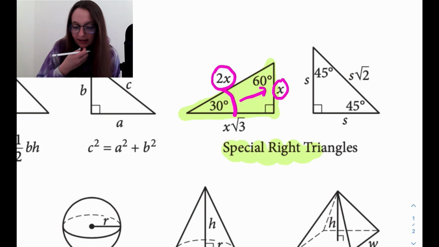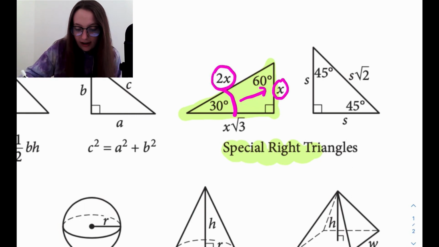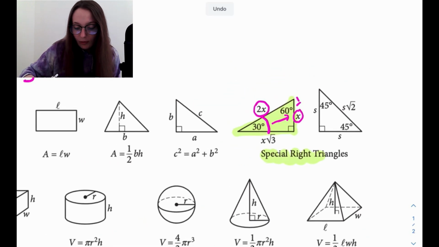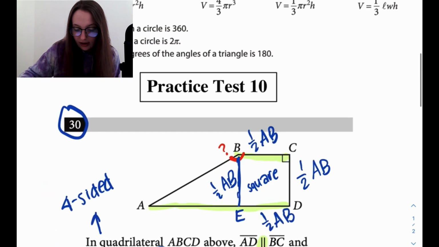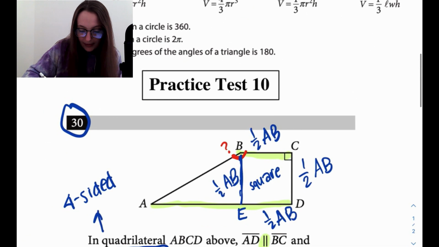So what that means then is that the side opposite 30 is 1/2 the hypotenuse. So that's exactly what we have going on then over here. So the side opposite 30 is equal to 1/2 of the hypotenuse. So that means that this angle right here, angle A, has got to be equal to 30 degrees.